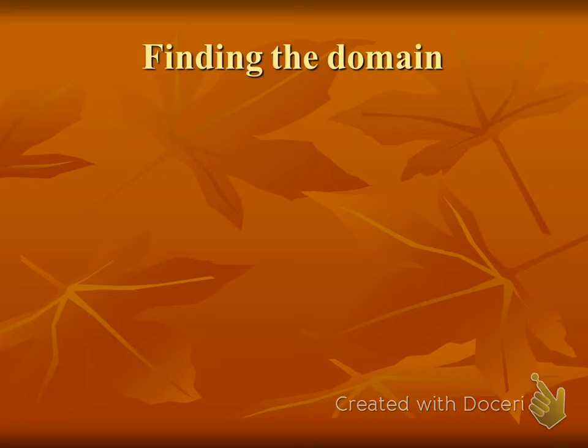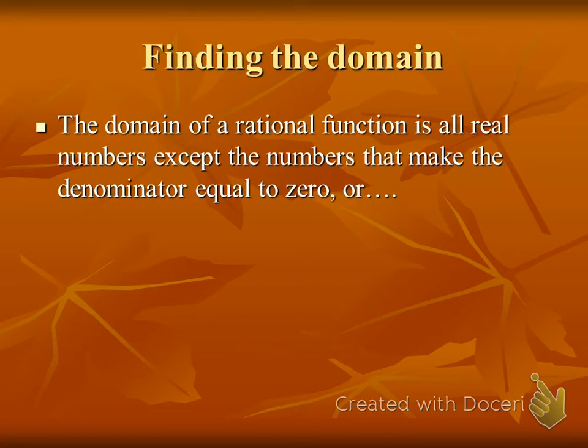Finding the domain. Domain is what x can be, right? So in a rational function, the domain is all real numbers except the values or numbers that make the denominator equal to 0. Now we're not going to have an or here.